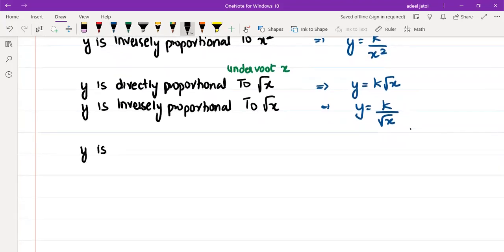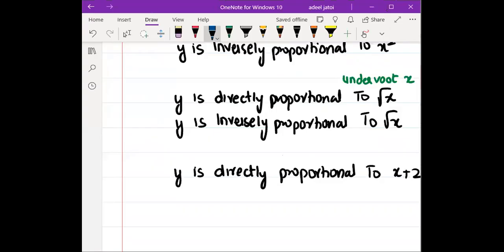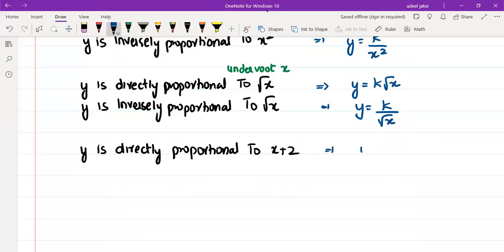Y is directly proportional to x plus 2. Now your mind should be processing in a certain way when it says x plus 2. So that means y is equal to k times (x plus 2).